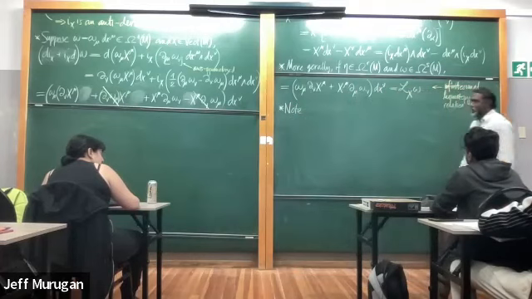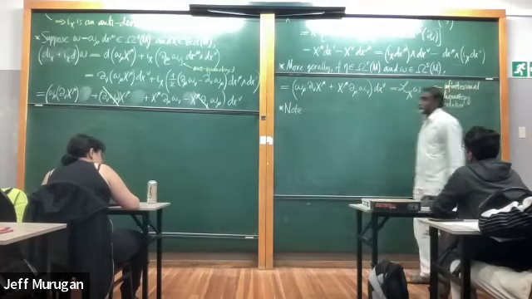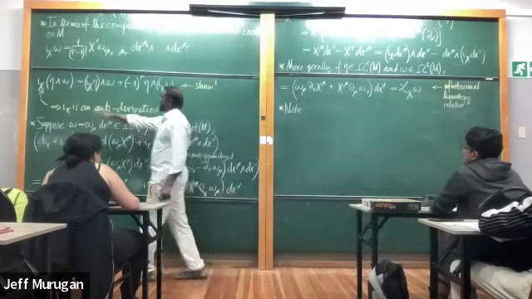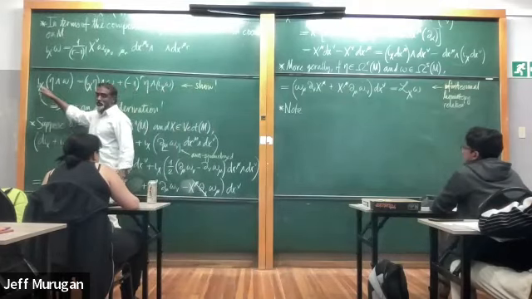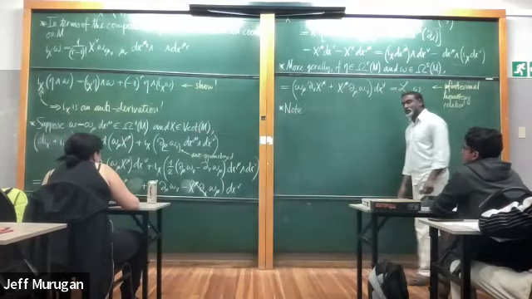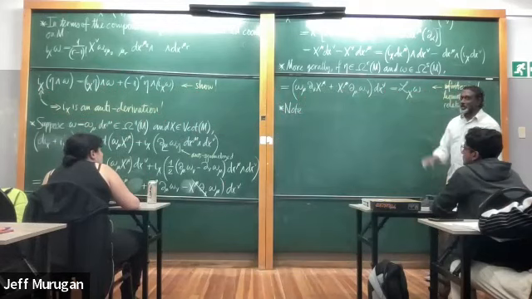Because of the way that I define the interior product, it's a contraction of a vector with the anti-symmetrized indices of a form.